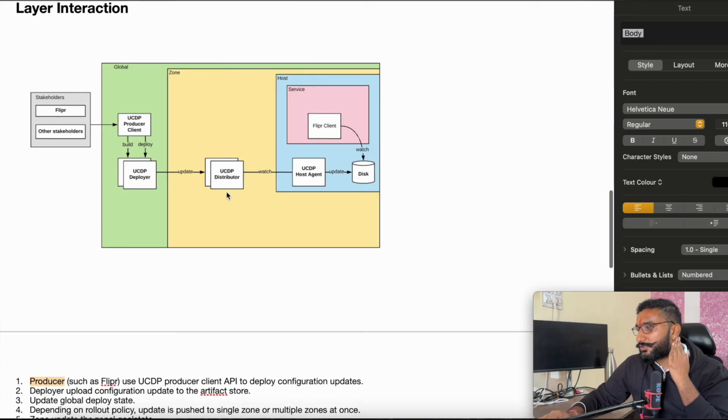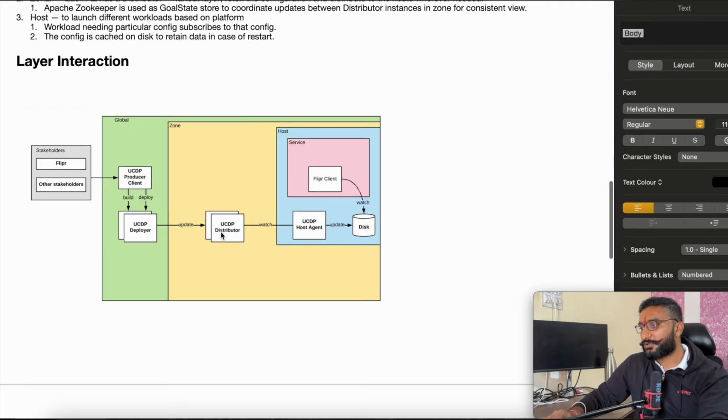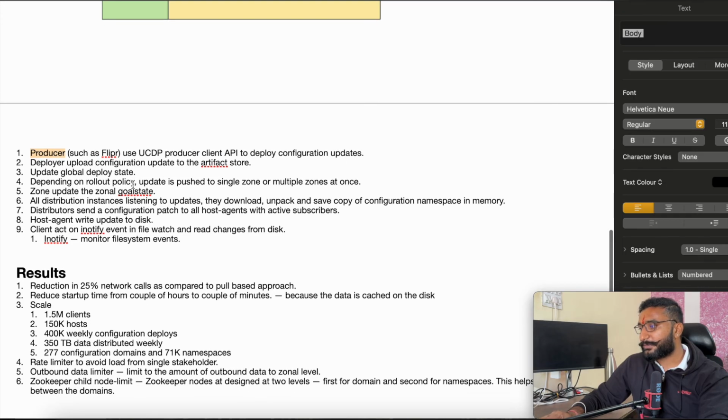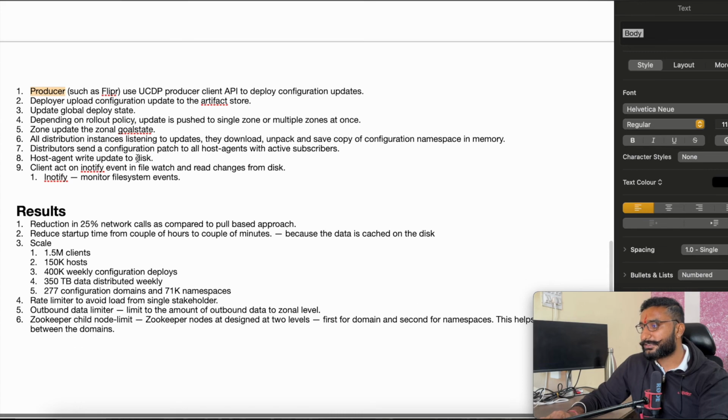So this distributor knows which host this update has to be sent to, so it does not randomly send the update to all the hosts, right? Not all services running on the host are watching or interested in all the configurations, so the distributor figures out which hosts these updates need to be sent to. Okay, so depending on that, rollout strategy update is pushed. Great, this is done. Zone updates the zonal goal state, this is great.